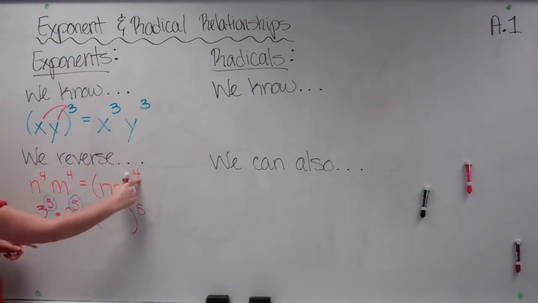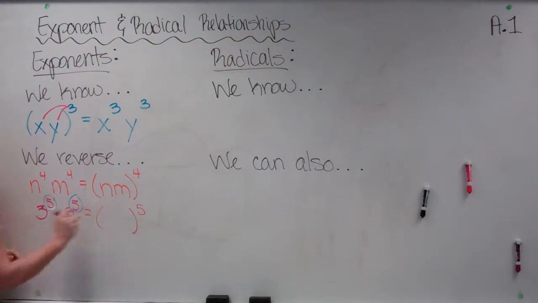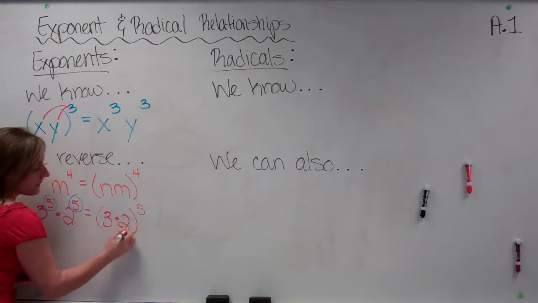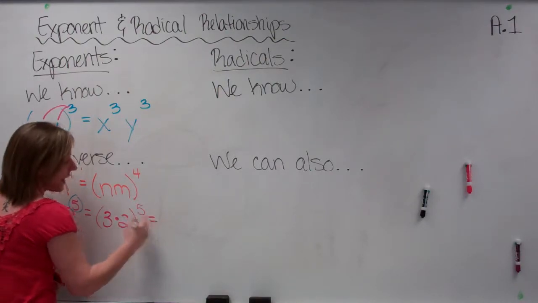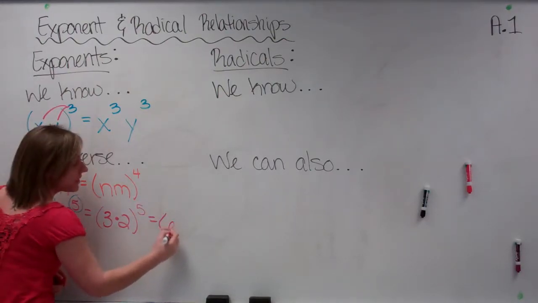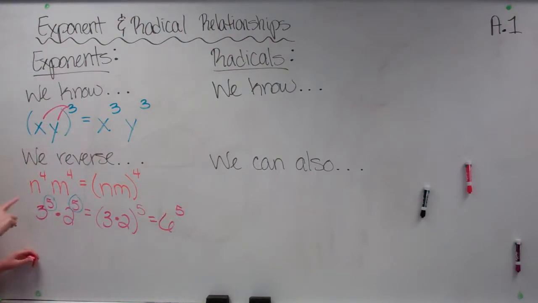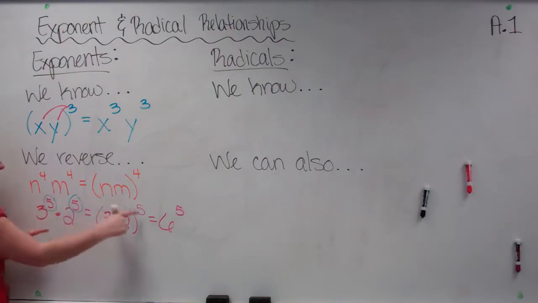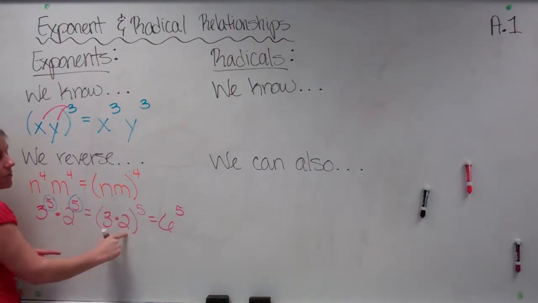So really we can just say, well, that's just 3 times 2. And so that actually is just 6 to the fifth power instead. So what we're doing is we're matching our powers or our exponents so that we can then evaluate the bases.